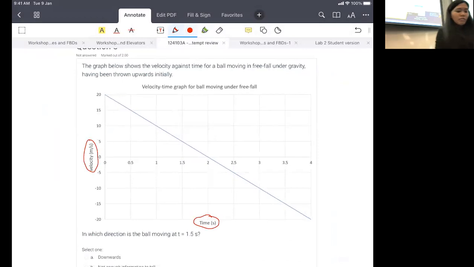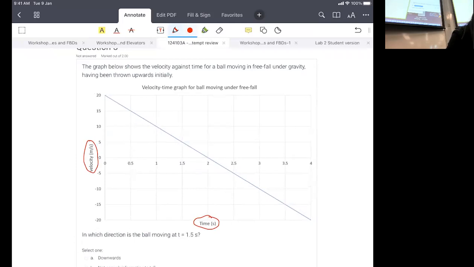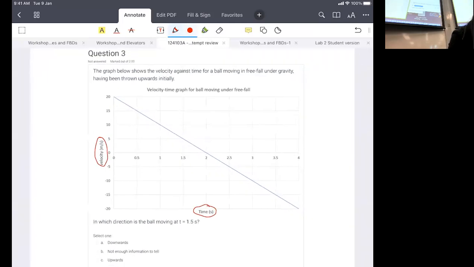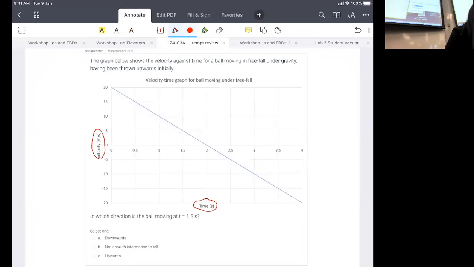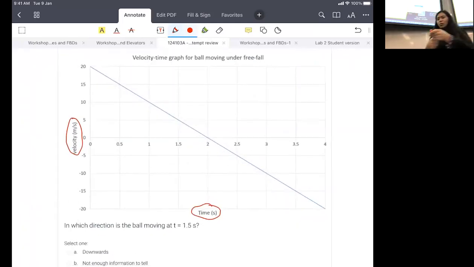So we know, yeah, if you have a ball or an object, you give it an initial velocity upwards, it will travel up and then eventually it will reach its peak.